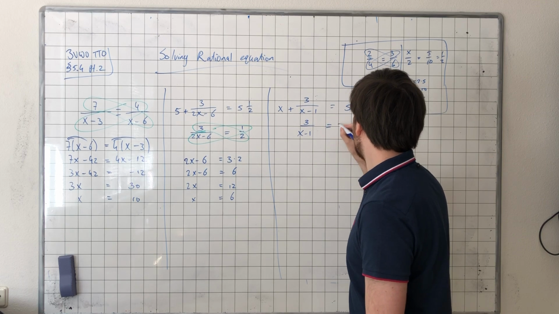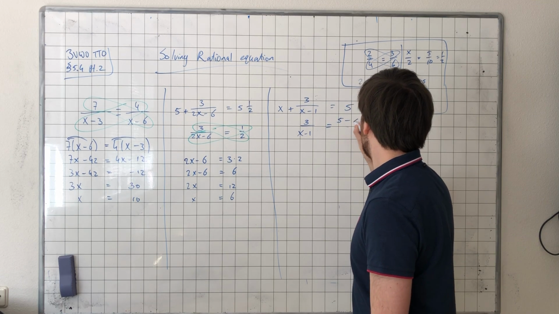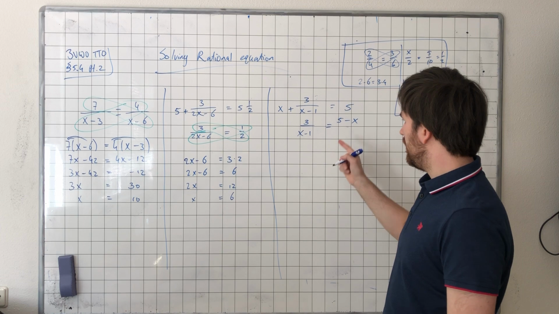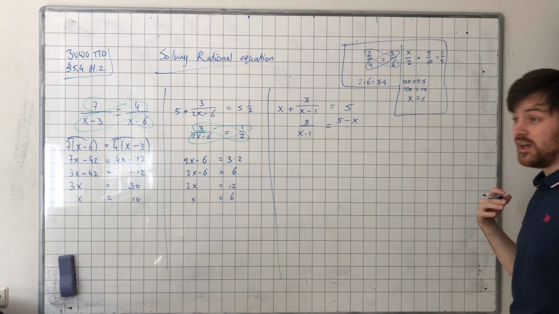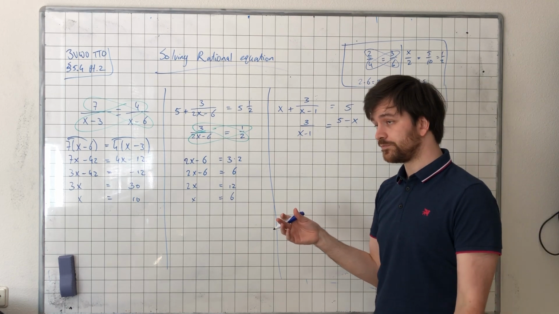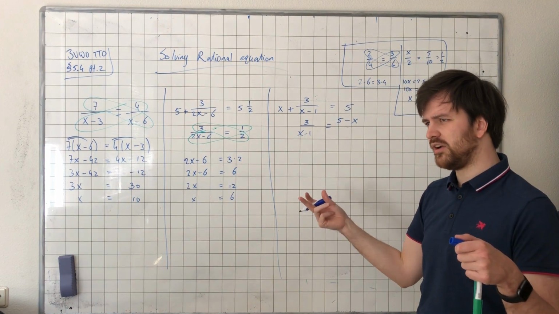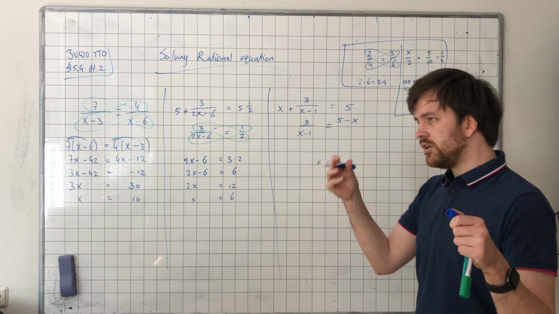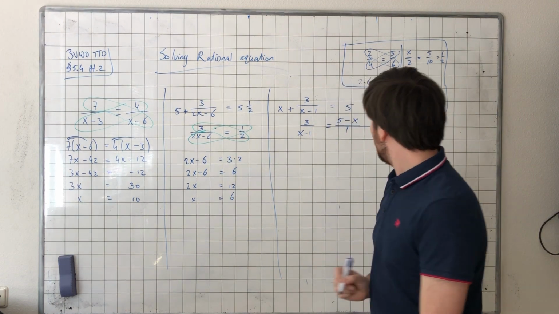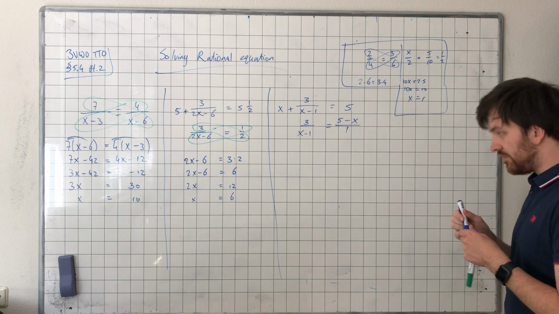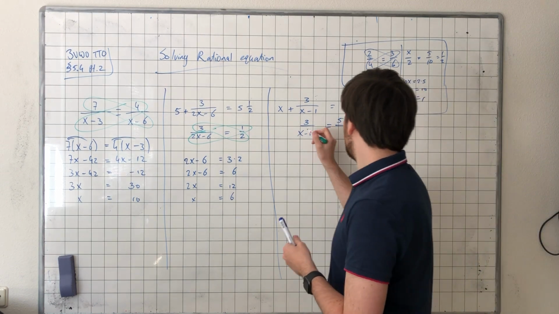It should be equal to 5 minus x. Why am I doing this? I can turn 5 minus x into a fraction because I'm allowed to divide everything by 1. Why? 5 divided by 1 is 5, 10 divided by 1 is 10. So I'm going to divide this by 1, and now I have 2 fractions again.